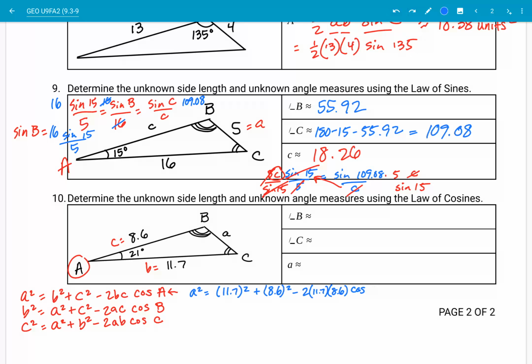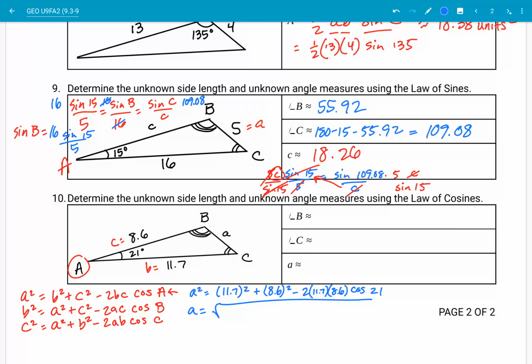Cosine of 21. And this is going to get me my A squared. So I'm going to want to take the square root of all of that. Okay, so A is going to be equal to the square root of all of that stuff.